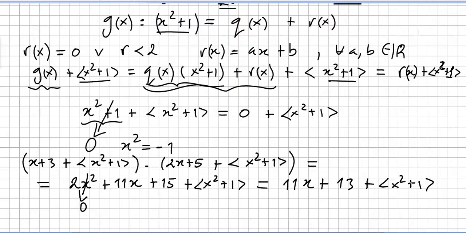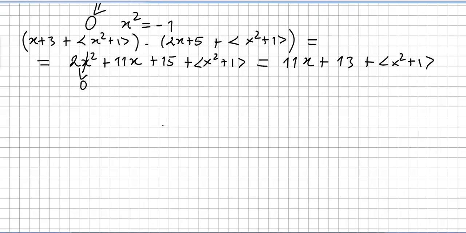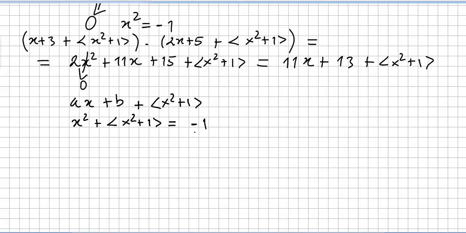So the funny thing is that you end up having ax plus b plus the ideal generated by x squared plus 1, where for instance x squared plus the ideal equals minus 1 plus the ideal.